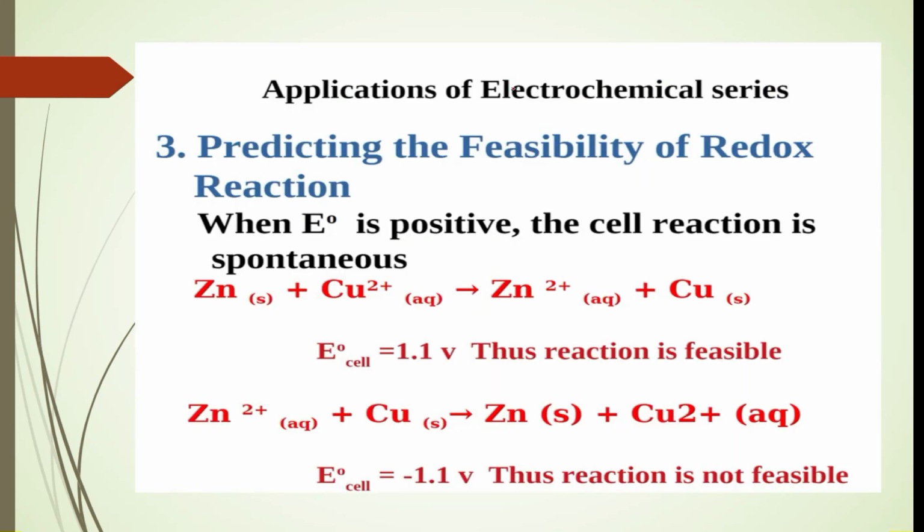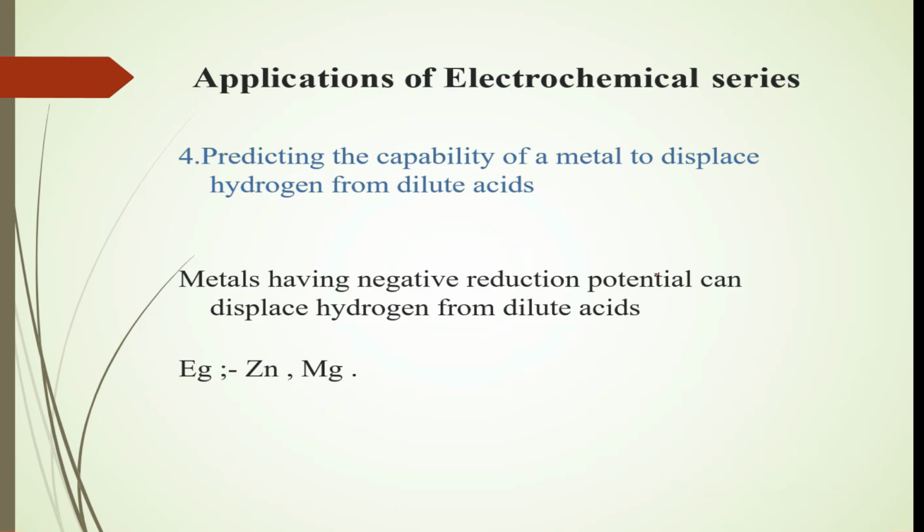The third application of the electrochemical series is predicting the feasibility of a redox reaction. If the E0 value is positive, the reaction is spontaneous or feasible. According to the E0 value we find out whether a reaction is feasible or not feasible. The last application is predicting the capability of a metal to displace hydrogen from dilute acids.